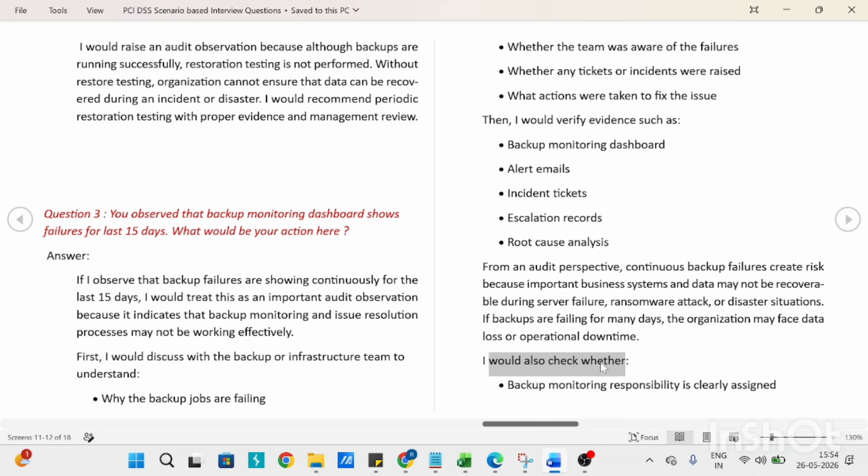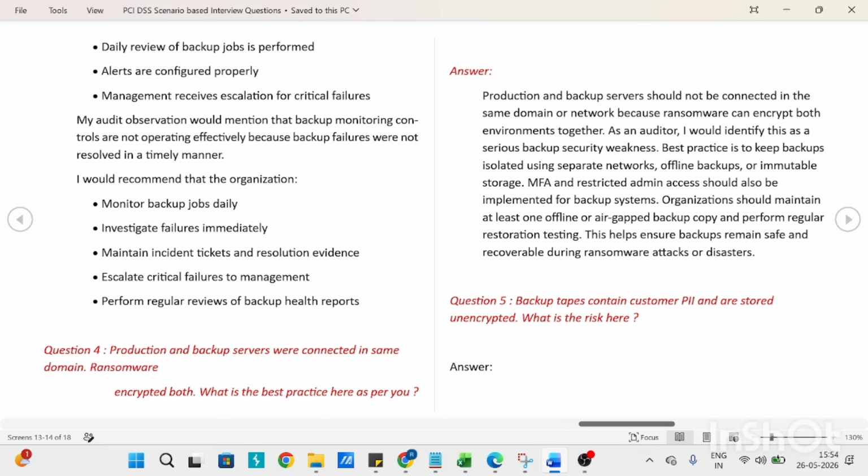So auditors should check whether backup monitoring responsibility is clearly assigned or not. Whether daily reviews of the backup jobs are performed or not. Whether alerts are configured properly and management receives escalations for critical failures. Now, auditors should mention that backup monitoring controls are not operating effectively because backup failures were not observed in a timely manner.